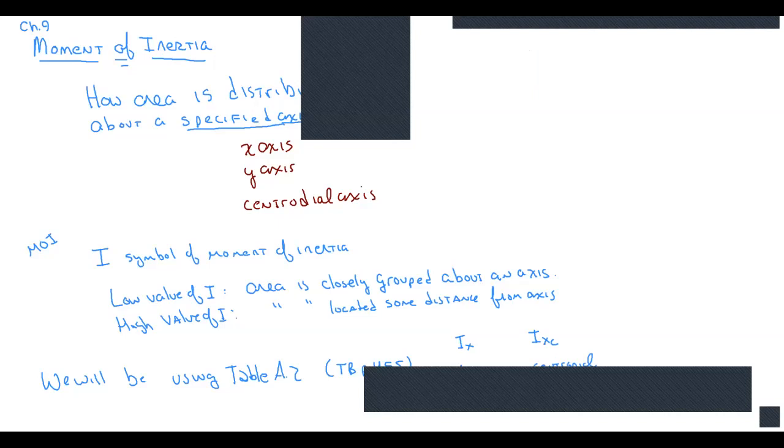Okay. So there's only two columns. If I'm looking for the moment of inertia about the x-axis, bam. If I'm looking for the moment of inertia about the centroidal x-axis, bam. Those are the two columns, okay?